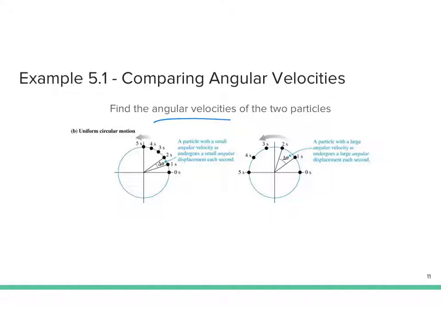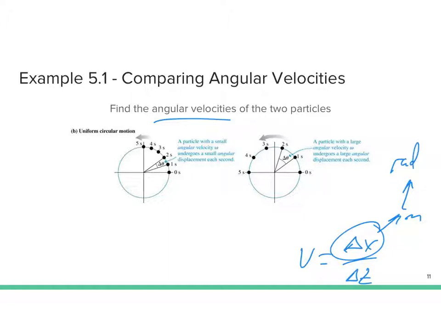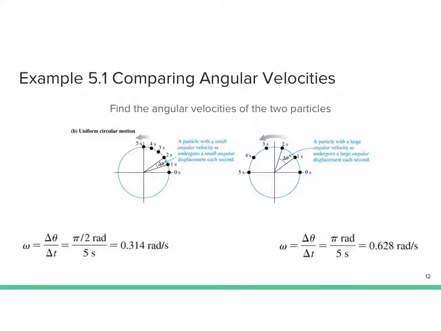Before, velocity was displacement over time, measured in meters. Now we're going to be using radians, and it doesn't matter how big your circle is, you're going to get some type of angular velocity. So we'll take a look at that problem in class. Or, well, here are the examples, but anyway.